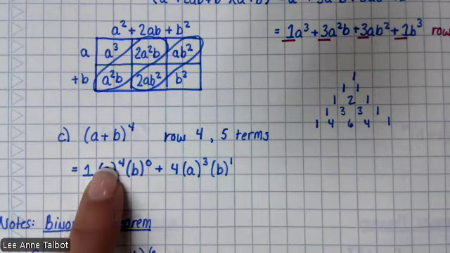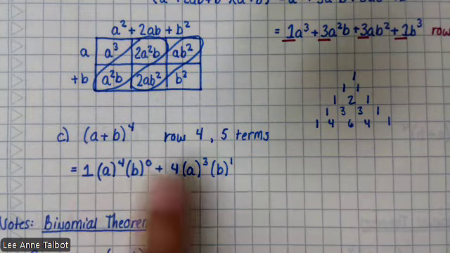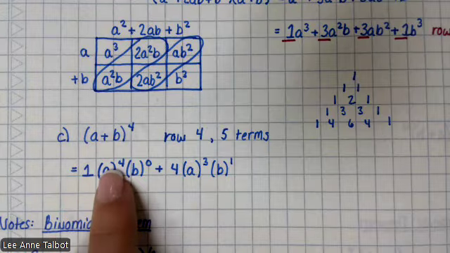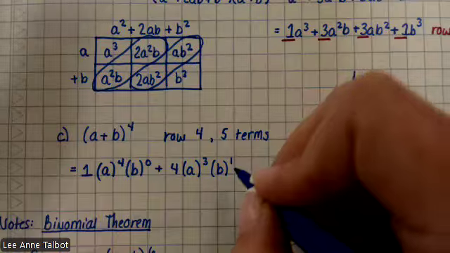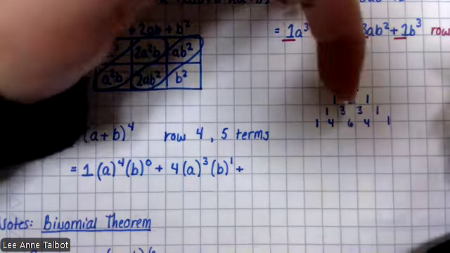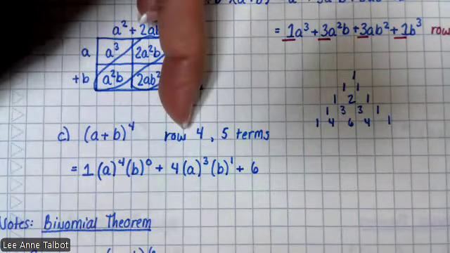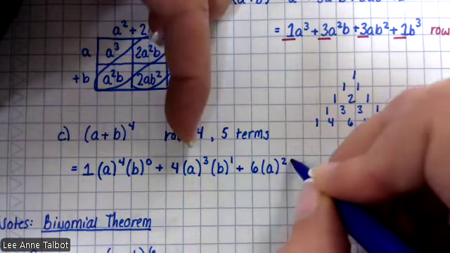So this is the A is going to go 4, 3, 2, 1, 0. And the B is going to go 0, 1, 2, 3, 4. Because these have to add up to 4 each time. 4 plus 0, 3 plus 1. Okay. Next one. Next number is 6. Front seat down.